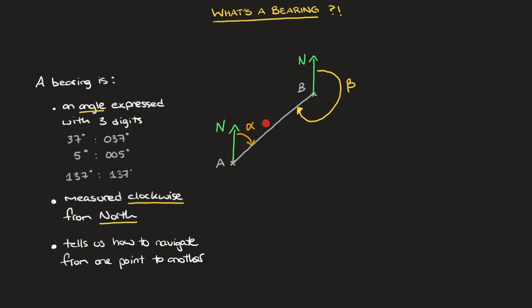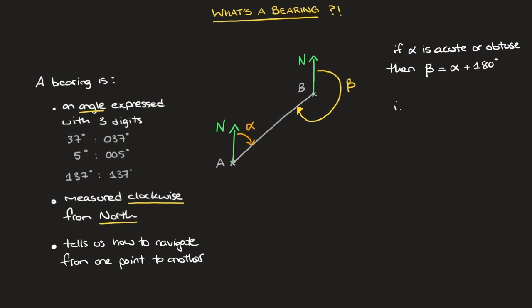And in fact, there's a nice relationship between these 2 angles, which is worth knowing. And here it is. If the angle alpha is an acute angle, so I'll just say is acute, or if it's an obtuse angle, or obtuse, then the angle beta is equal to alpha plus 180 degrees.